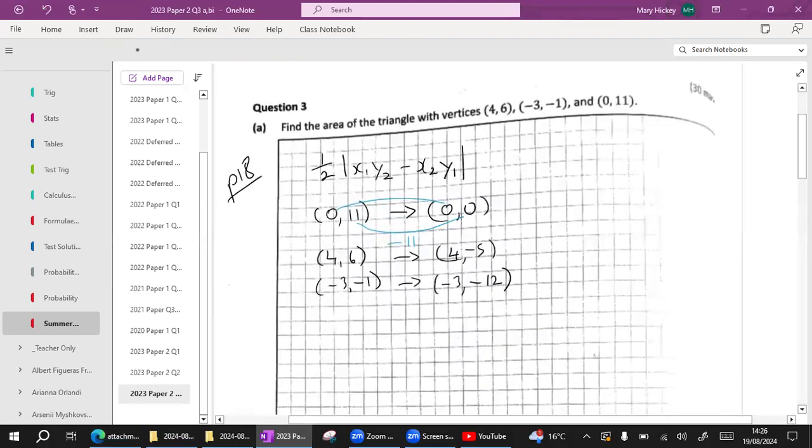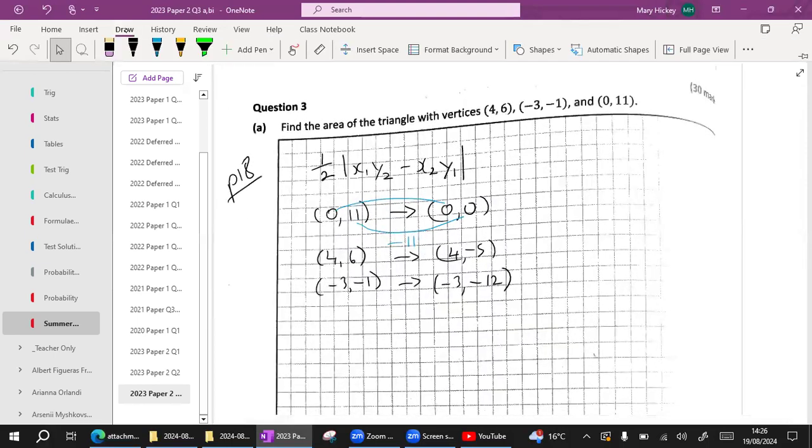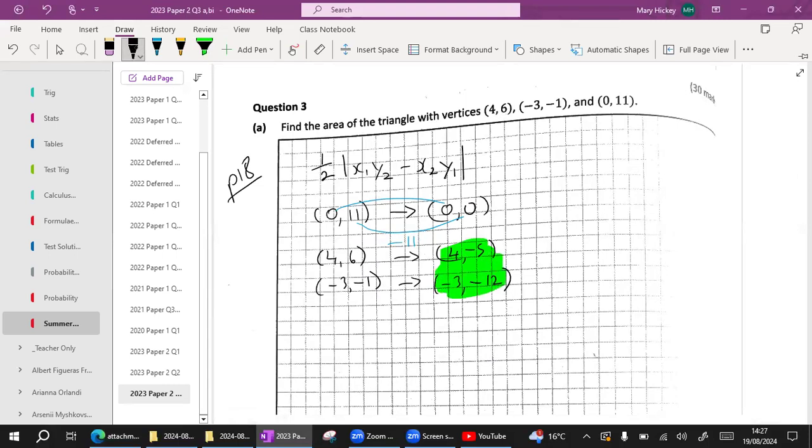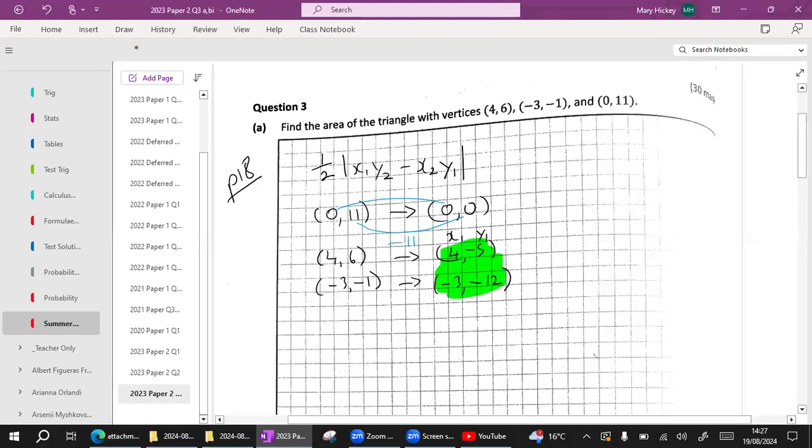Now I use the 2 points that I have here and here, in other words, I ignore the 0, 0. I label x1, y1, x2, y2, and they're the ones that I'm filling into the formula.